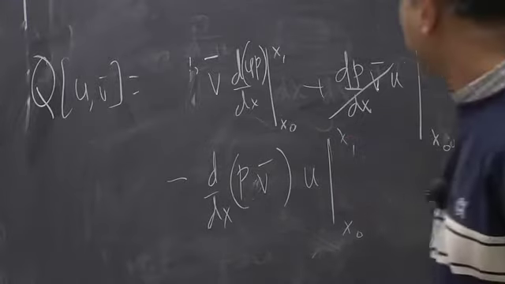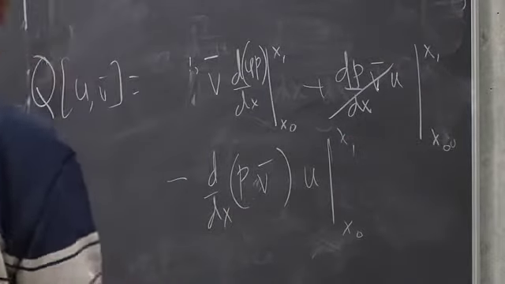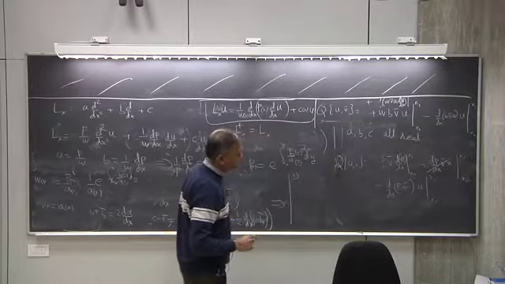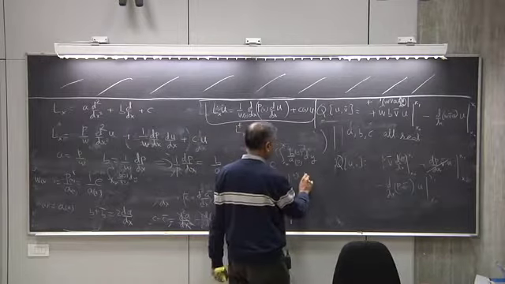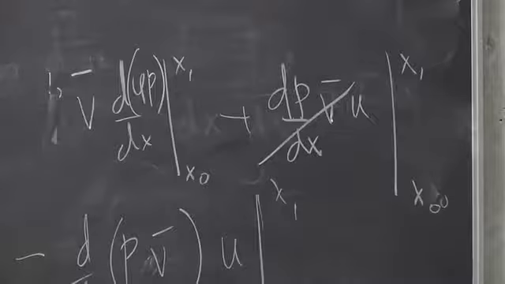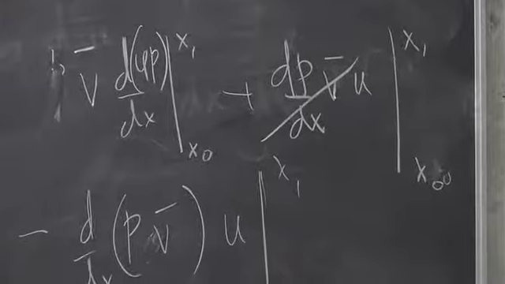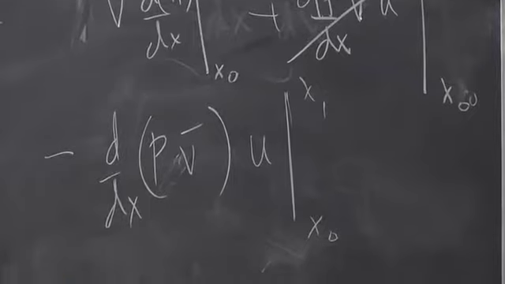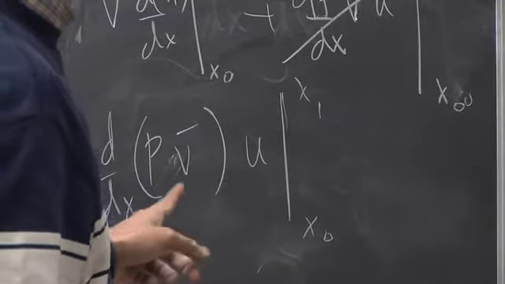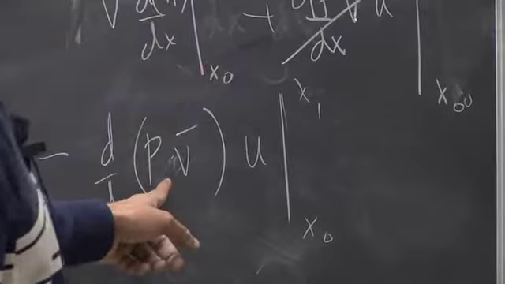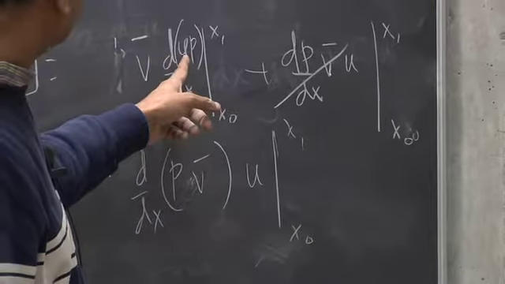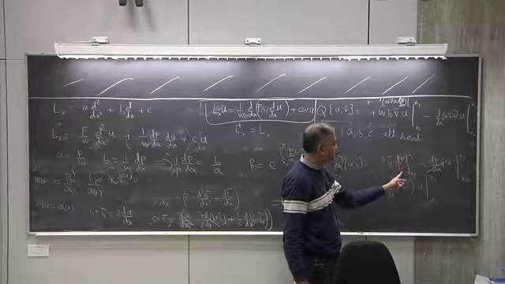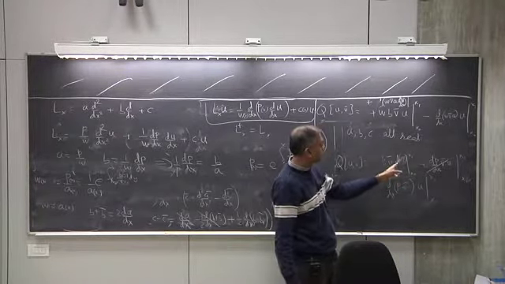Now you can check various things. For example, let's see if the initial boundary conditions are Dirichlet. So U at x1 equal to U at x0 equal to 0. Then this term anyway vanishes, and the term which will be relevant is du by dx, but that will come with the PV bar.